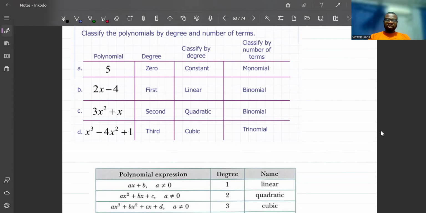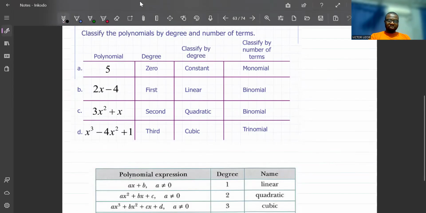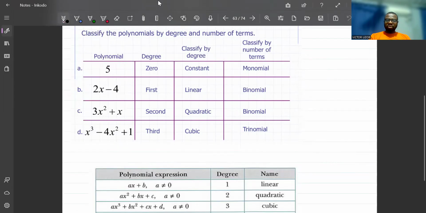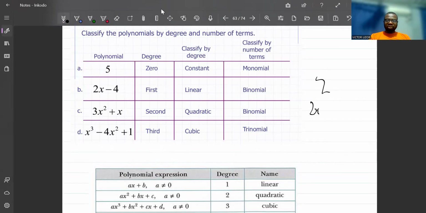All right, when we say something is degree, when you have 2x squared, the degree is 2.